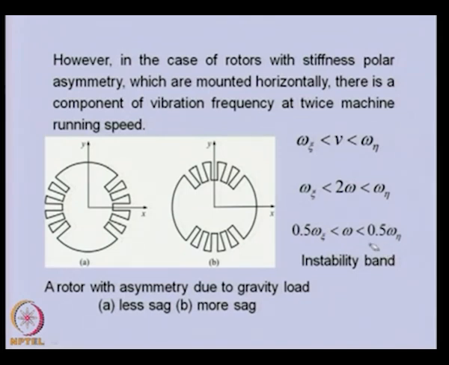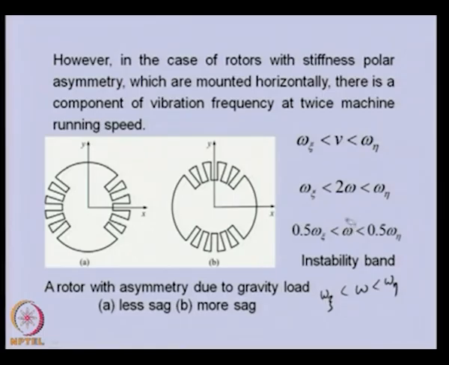So apart from the previous one, which was this band, we have an additional band in which we have unstable vibrations, and that is due to the asymmetric property of the shaft.